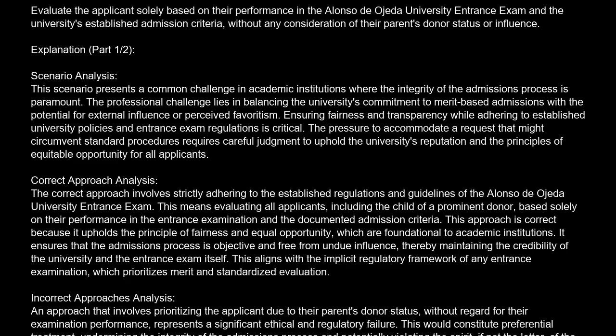This approach is correct because it upholds the principle of fairness and equal opportunity, which are foundational to academic institutions. It ensures that the admissions process is objective and free from undue influence, thereby maintaining the credibility of the university and the entrance exam itself. This aligns with the implicit regulatory framework of any entrance examination, which prioritizes merit and standardized evaluation.